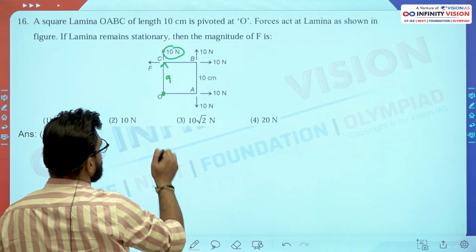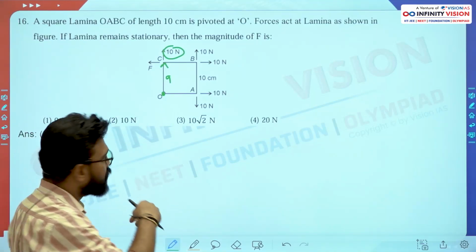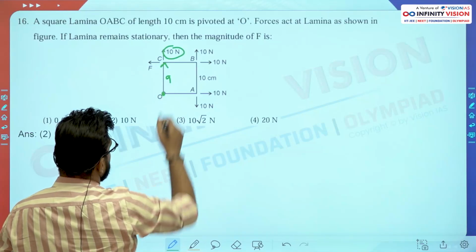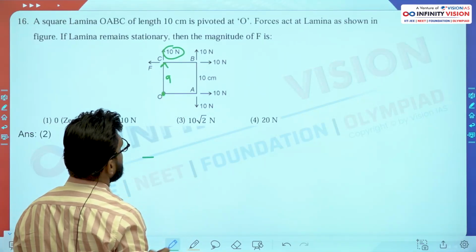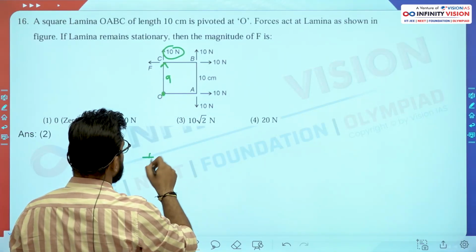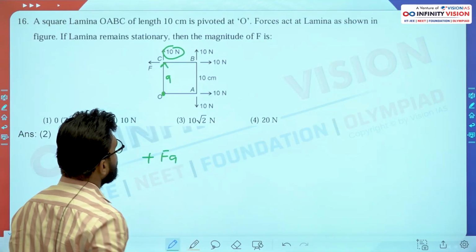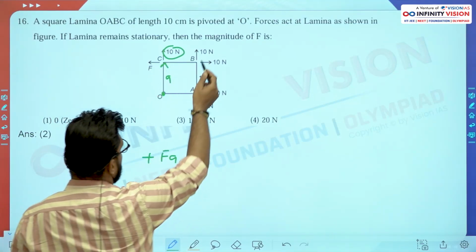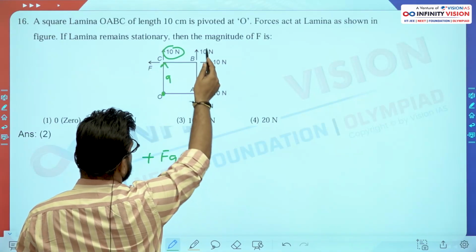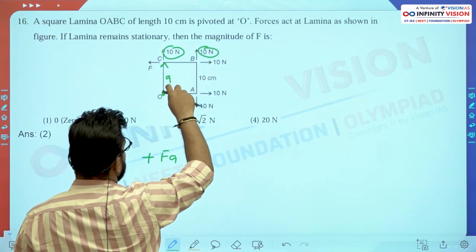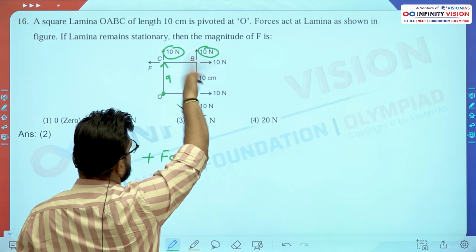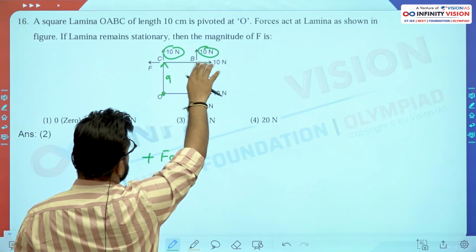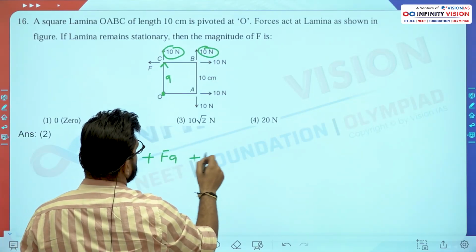So r cross F, this would be anti-clockwise torque, which we're going to take as positive, so it would be equal to Fa. Because of this 10 it is 0, and because of this 10 it would be r cross F, which is anti-clockwise, plus 10a.